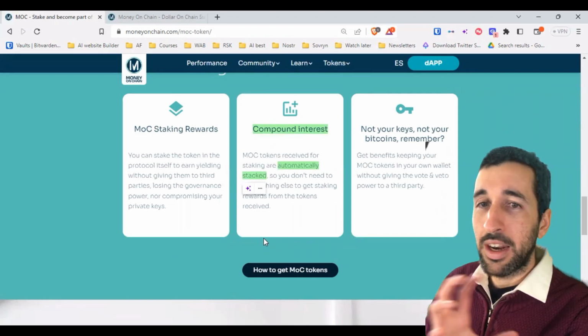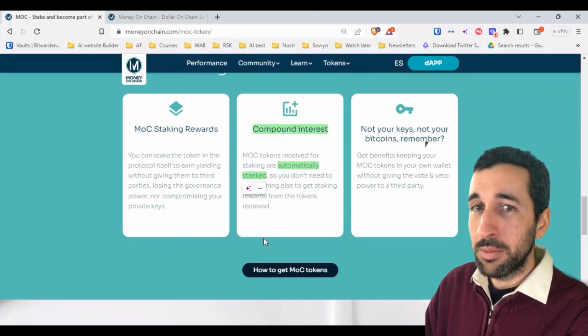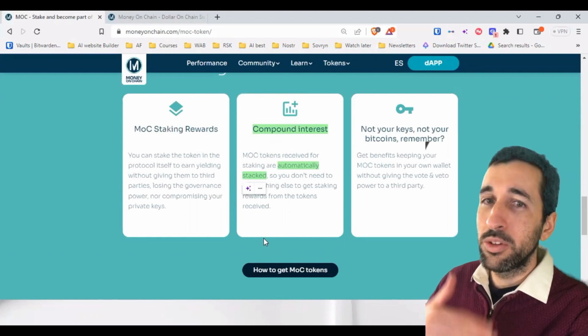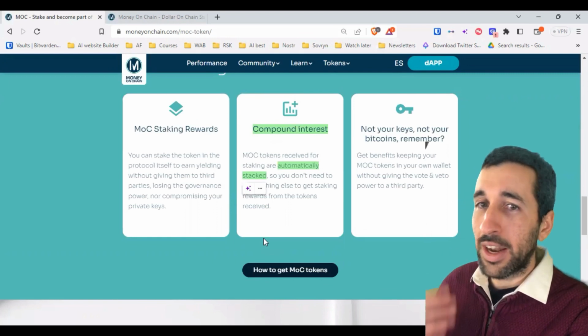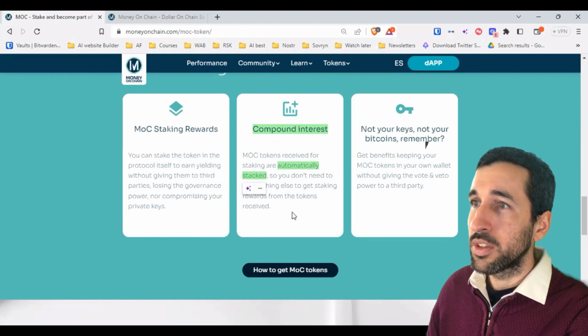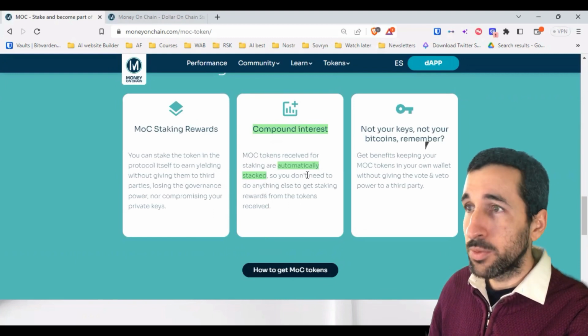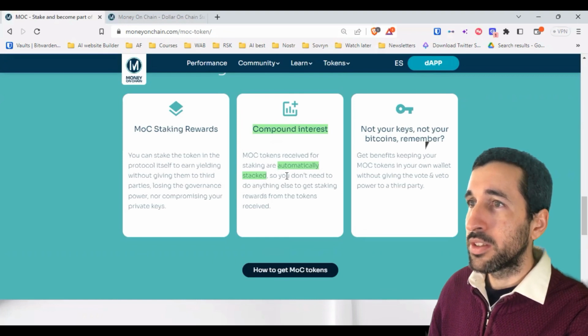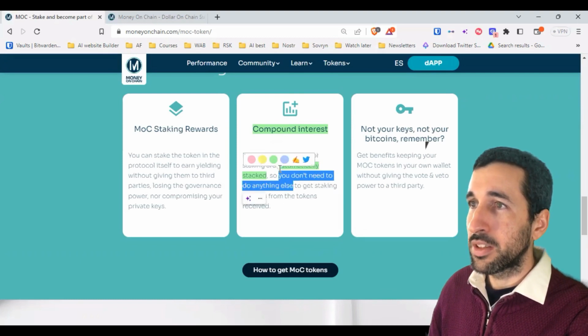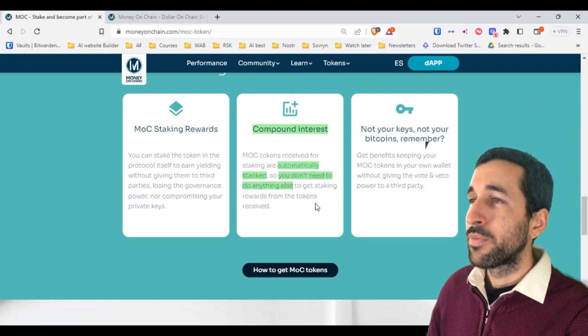We can get our first tokens, stake them, and leave them be, and they will just continue to accrue interest and compound by themselves, which is a very, very effective way of doing it. That's why it says you don't need to do anything else, which just makes things much, much easier.